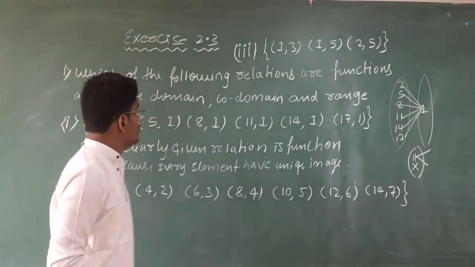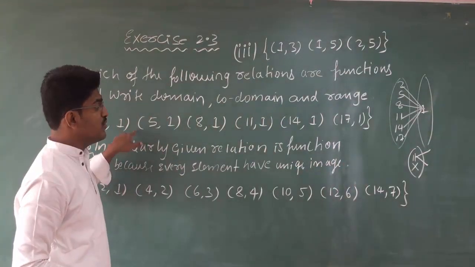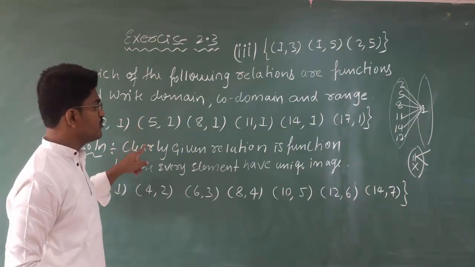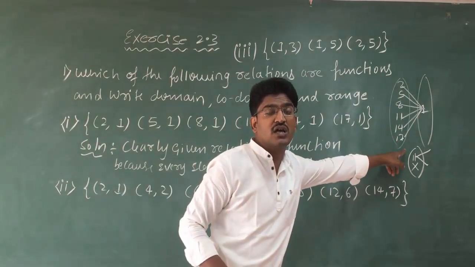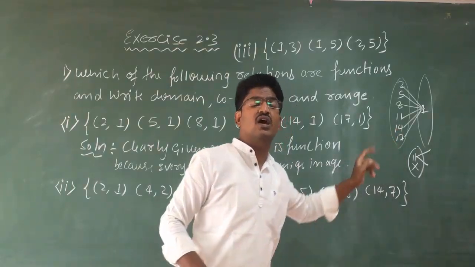Clear? So now you have to write the domain, the codomain, and the range of this also. Clear? This is your rough work. This is not your solution. This is your rough work.